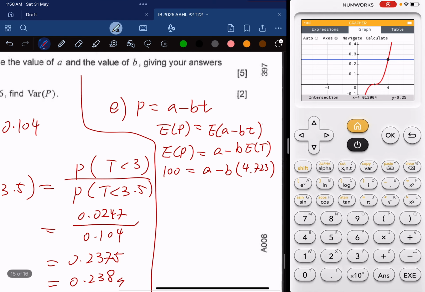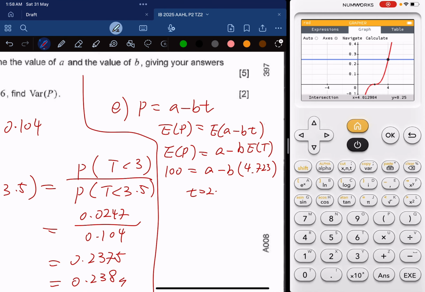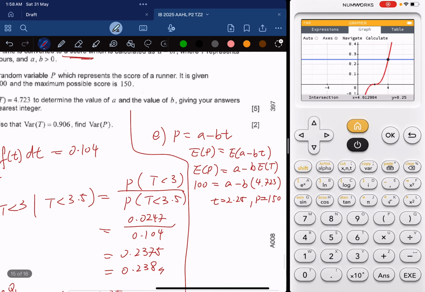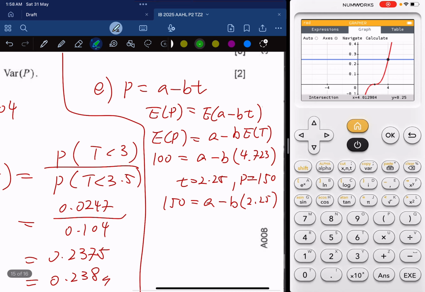Meaning T equals 2.25 gives the maximum score. So P should be 150 in that case. So if we plug it in, then 150 equals A minus B times 2.25. And then we'll solve the simultaneous equations.